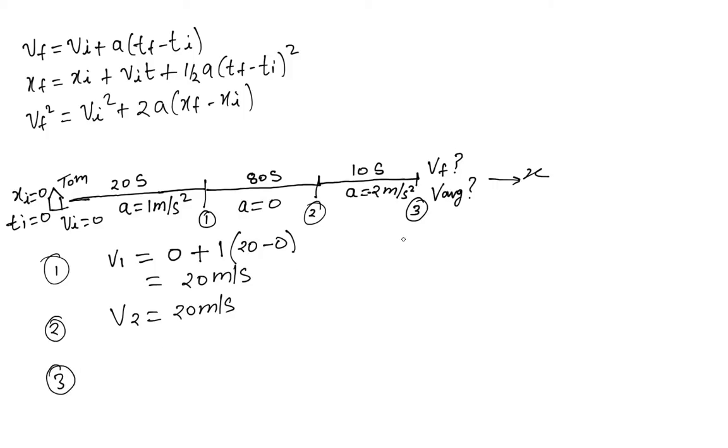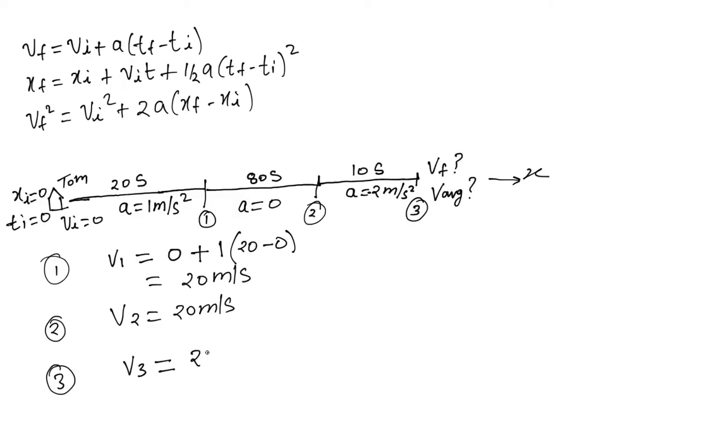For 3 we have to consider the section from 2 to 3, and again we have to find the final velocity using the first formula. So what is Vf? Well, V3 or Vf, you can say, V3 is, what is Vi? Vi is the initial velocity which was at 2, because we are talking about this particular section.